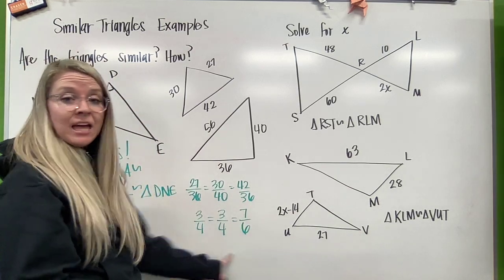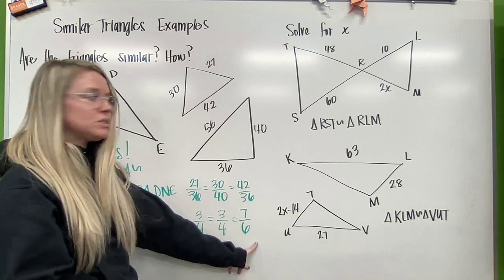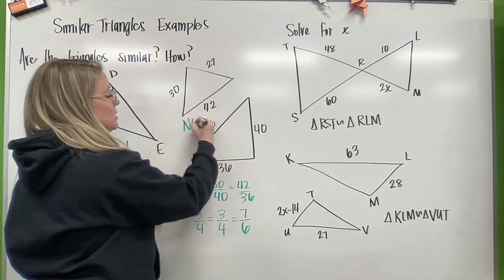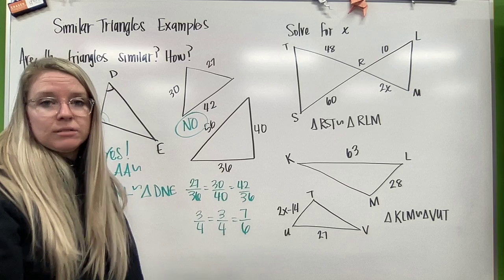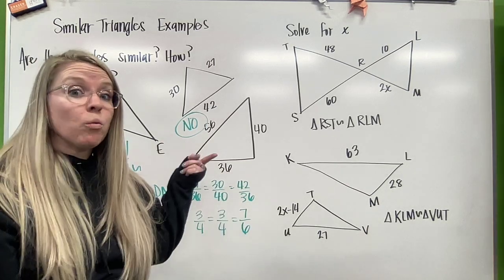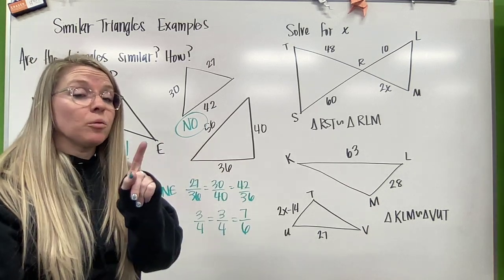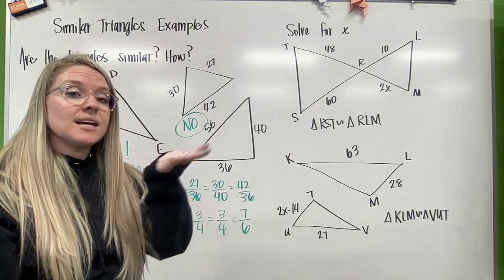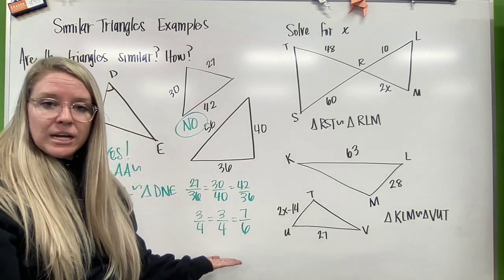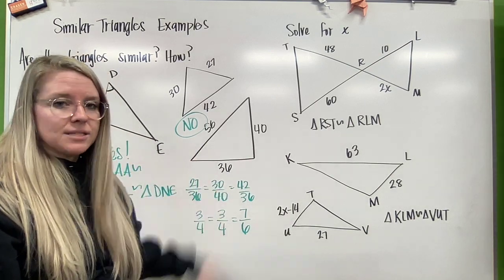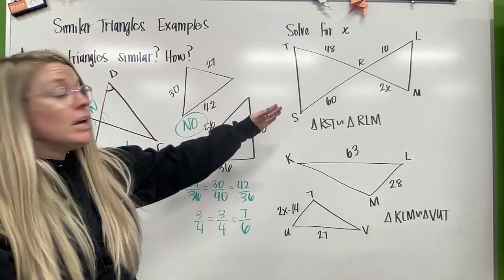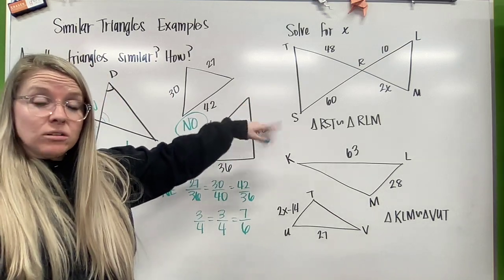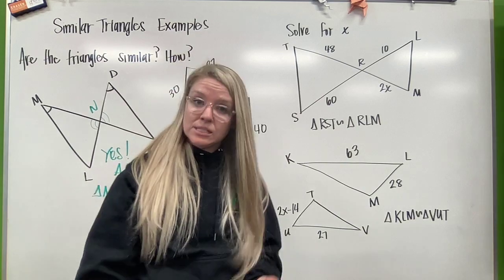They do not match. All three of those do not reduce to the same, so these are not similar. If they were, what would we use? Side-side-side. But again, our ratios don't match. They are not similar.